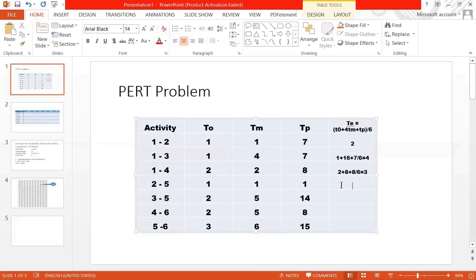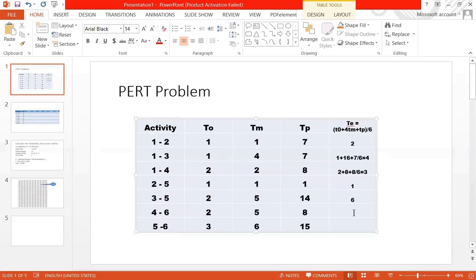Similarly, here it will be 1 plus 4 plus 1, that is 6 divided by 6, that is 1. Here it will be 2 plus 20, 22 plus 14, 36 divided by 6. So you will get 6 here.